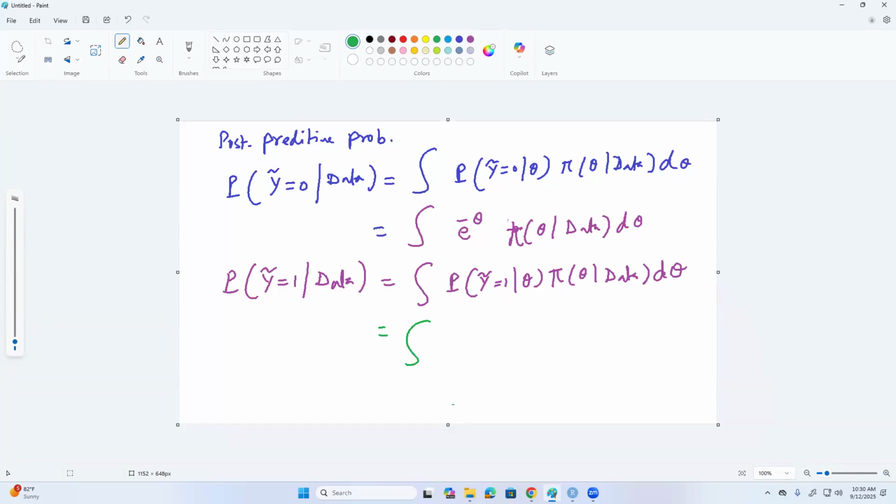For a Poisson random variable, the probability that it takes value 1 is e to the power minus theta, theta to the power 1 over 1 factorial. So it is simply e to the power minus theta times theta and pi theta given data.